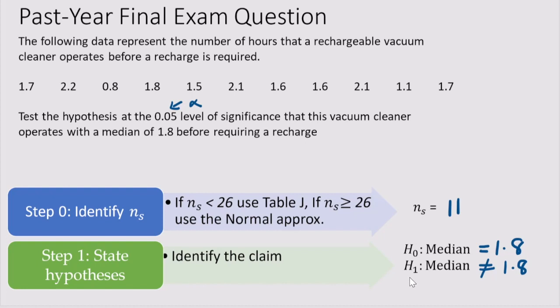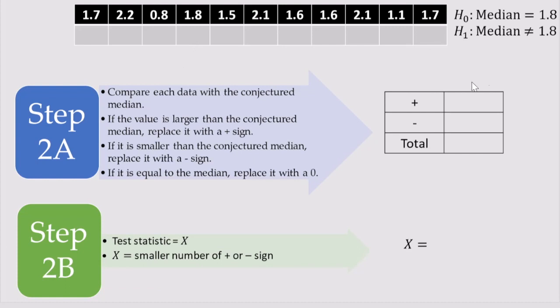Once we have identified the claim, we could now compute the test statistic. So we would compare each data with the conjectured median. Our sign value would be over here.